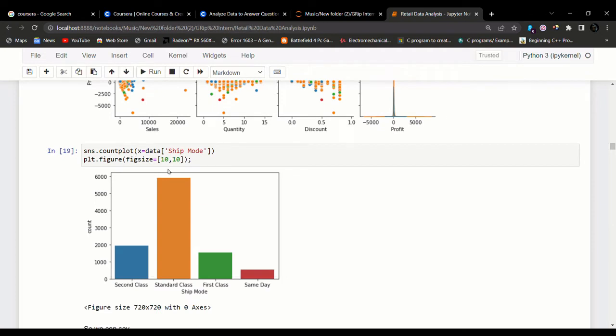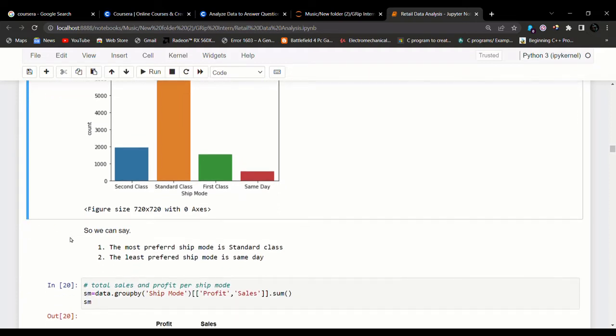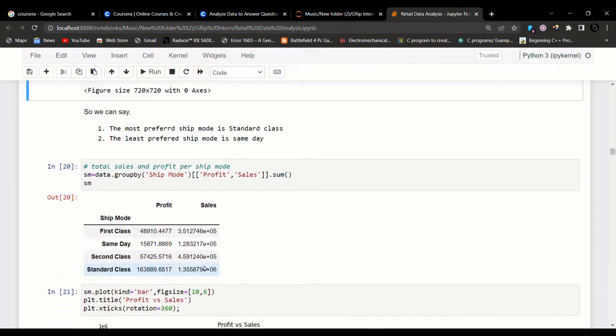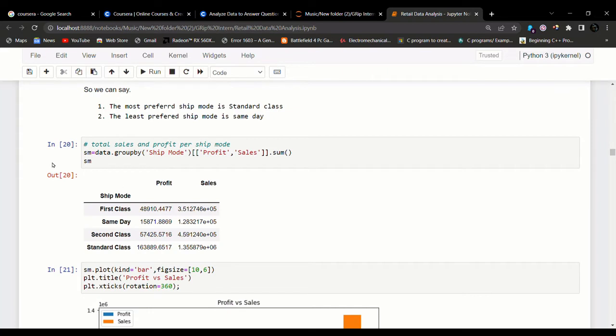And I have taken the count plot of ship mode. As you can see, the most preferred ship mode is standard class and the least preferred ship mode is same day. Now grouping the profit and sales per ship mode.